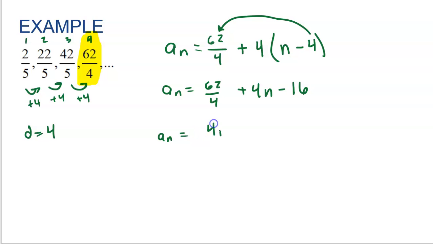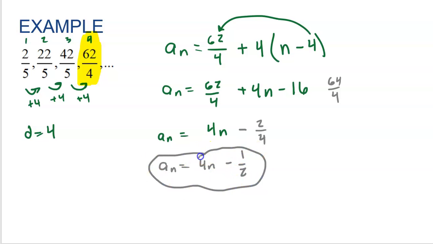So I get a 4n. Grab a calculator if you need to, or if you're really good at fractions, you could say, oh, wait a minute, I know that 16 is no different than 64 fourths. So 62 minus 64 fourths is negative 2 fourths, which is, well, negative 1/2. So a formula would be 4n minus 1/2.